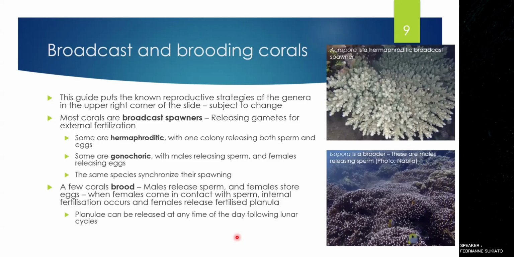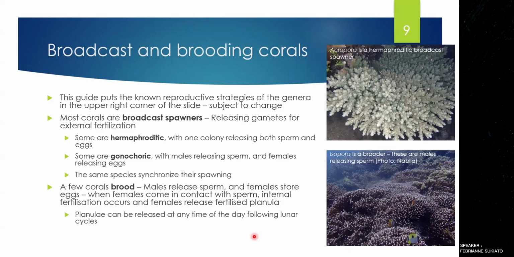So since we're talking about spawning at this point, we also want to describe what genera are actually reproducing, and we want to see what exactly we're looking at is spawning. Because we do want to record this information for the purposes of COSMARINDO, and please don't forget to log your observations in the coral log.